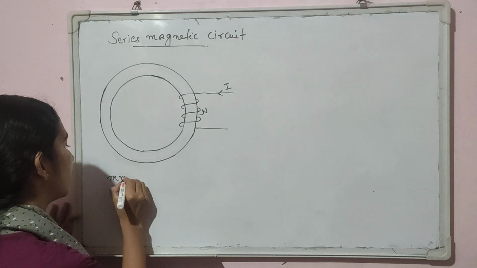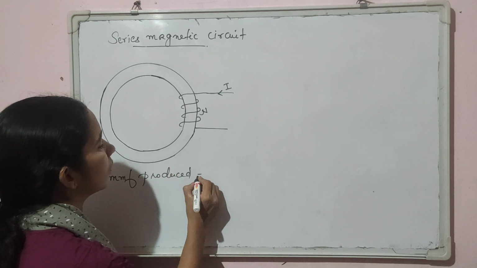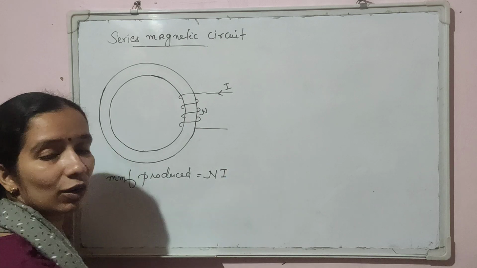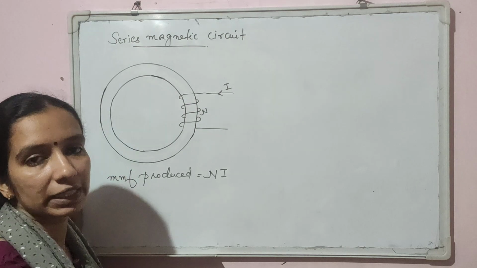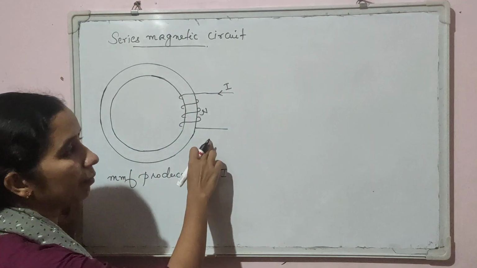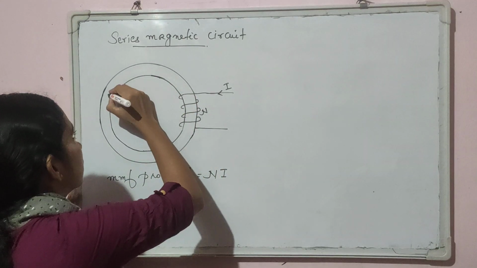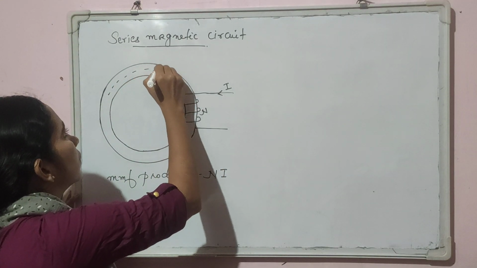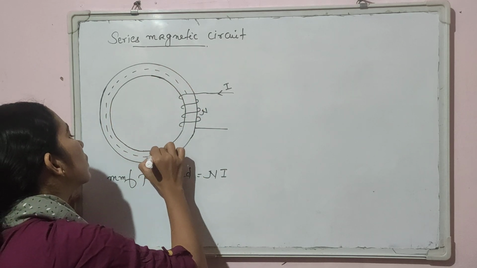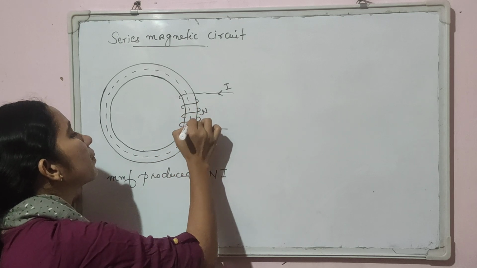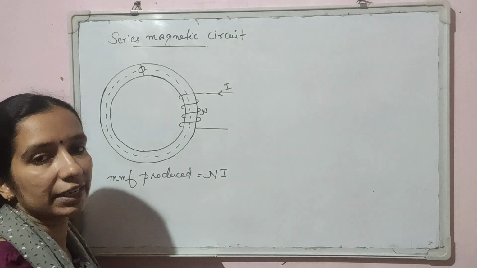So MMF produced is equal to N into I. Now MMF is the force producing flux in a magnetic circuit. So due to this MMF, a flux of phi webers will be set up in this iron ring.